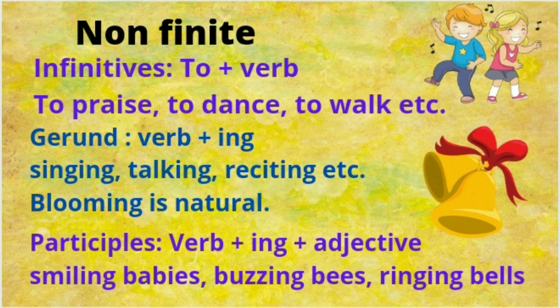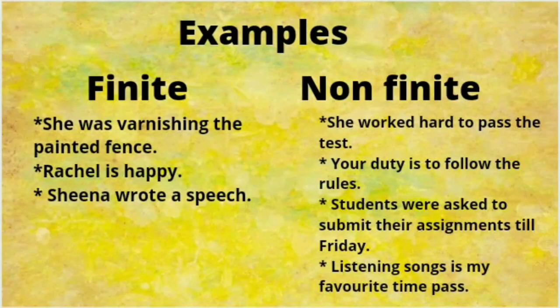Or if I say swimming is my hobby, then also it is a gerund. So they can be used at subject position or object position anywhere. Blooming is natural. If we talk about participles, verb plus ing, they are used usually with nouns like smiling babies, buzzing bees and ringing bells.